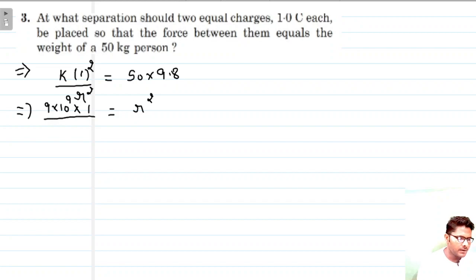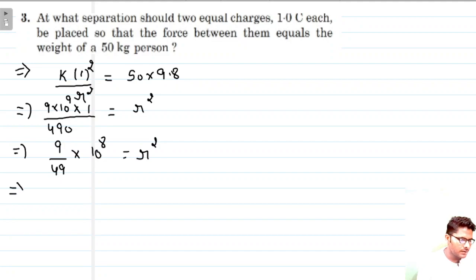And 50 into 9.8 we solved in the last numerical. This will be 490. So we may write 9 over 49, and the zero will go above, and this will be 10 raised to the power 8 equals R square.